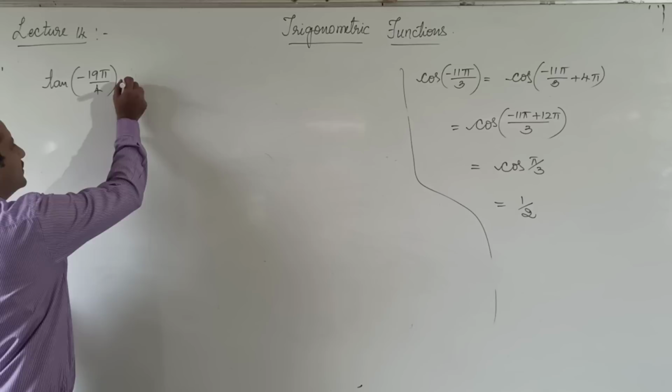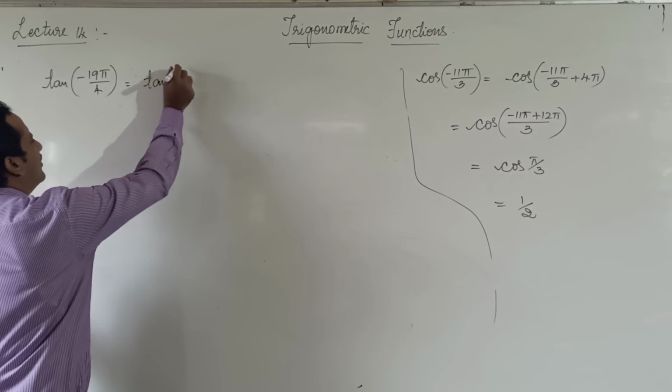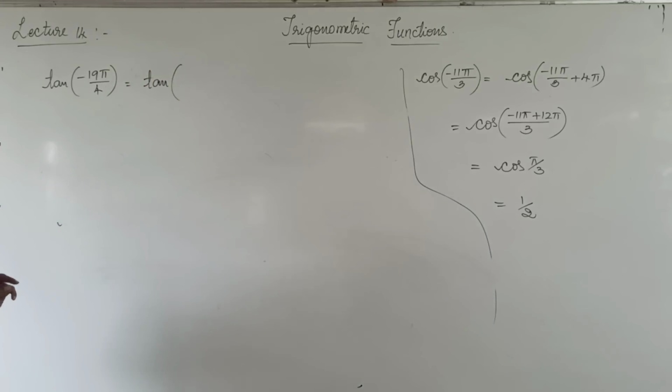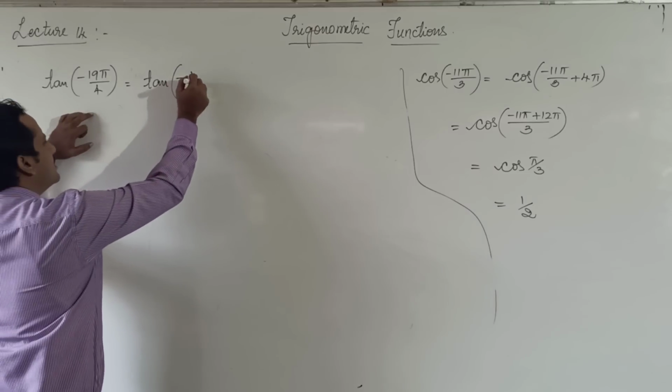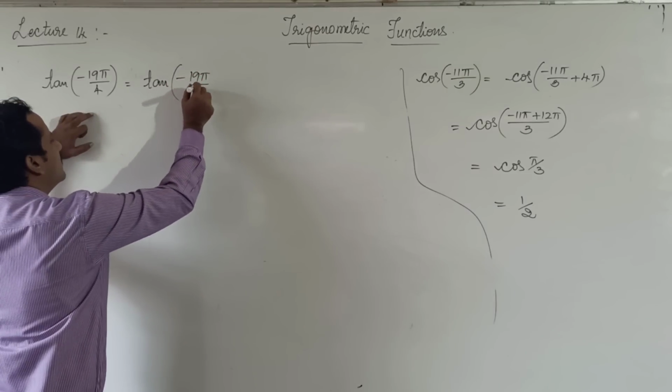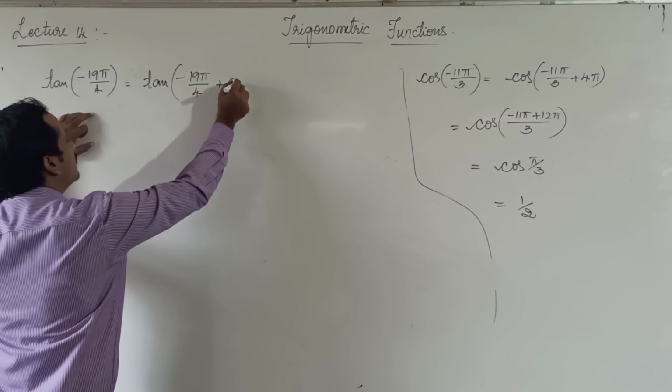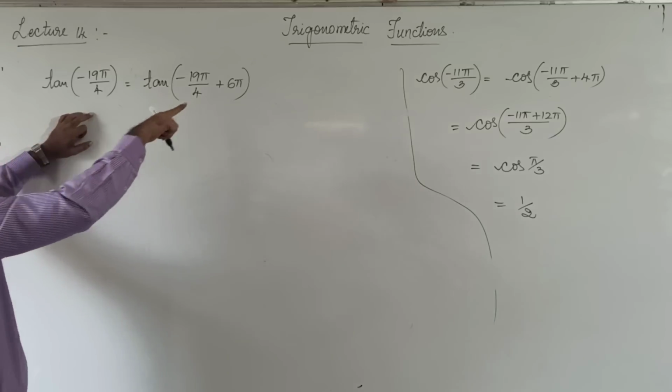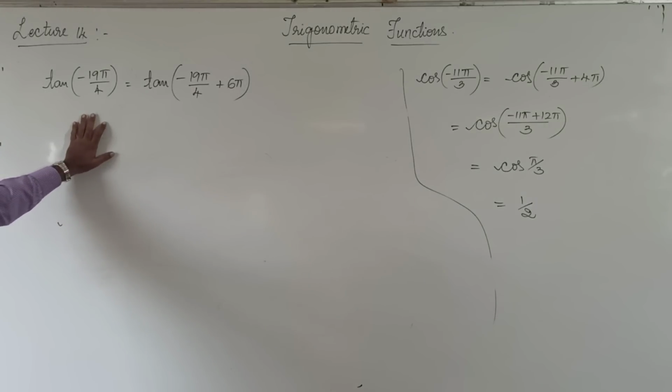Okay. So what do we do? I will add 6 pi. 6 pi is a multiple of 2 pi. 3 into 2 pi is 6 pi. I am adding 6 pi.